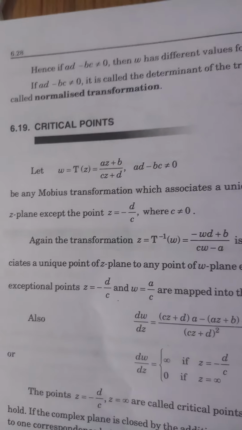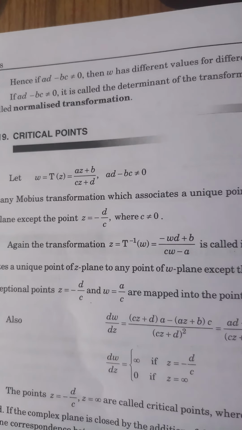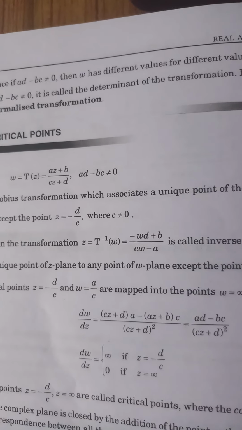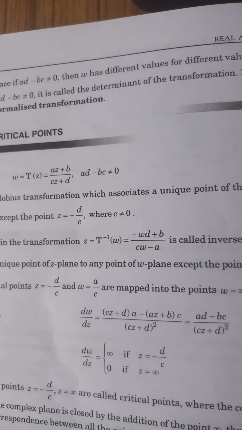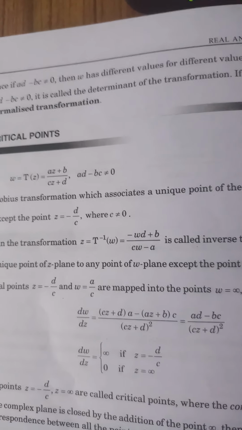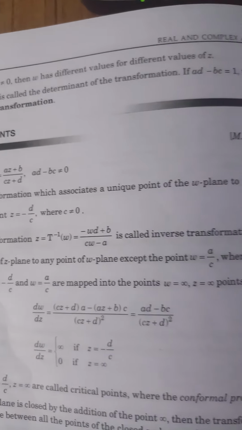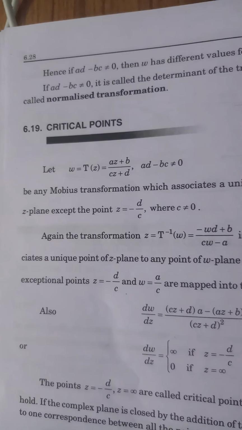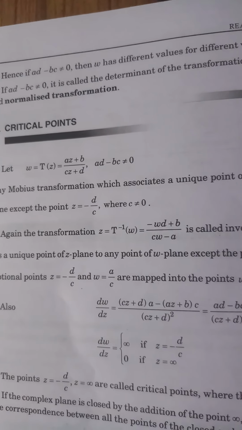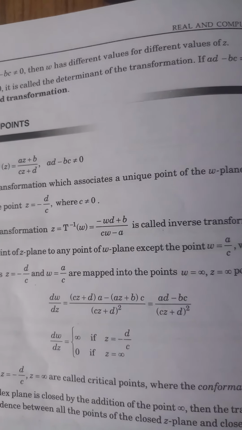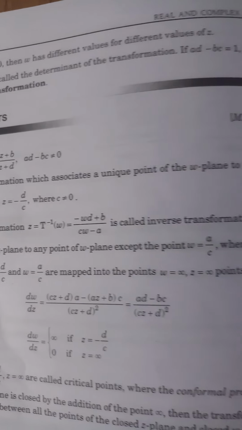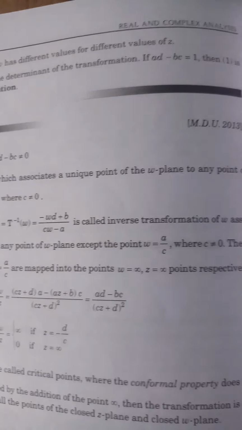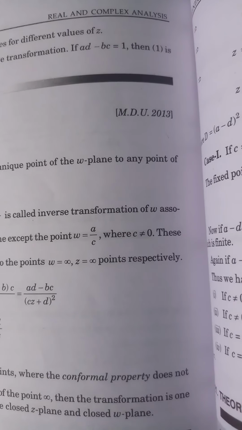Again, the transformation Z equal to T inverse W is equal to minus WD plus B divided by CW minus A, and is called the inverse transformation of W. It associates a unique point of the Z plane to any point of the W plane, except the point W equal to A by C, leaving out W equal to A by C, where C is not equal to zero.